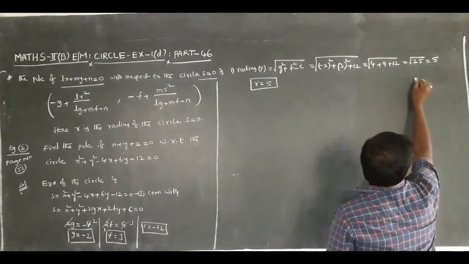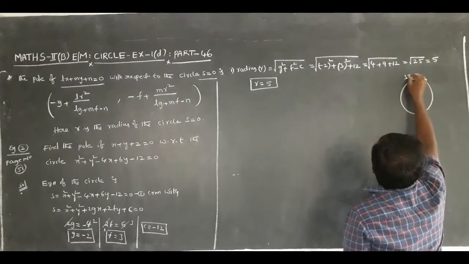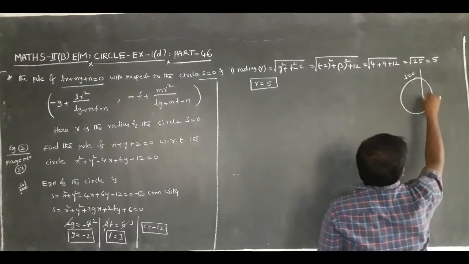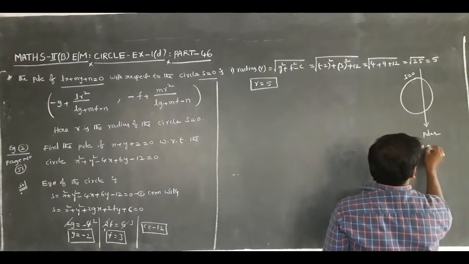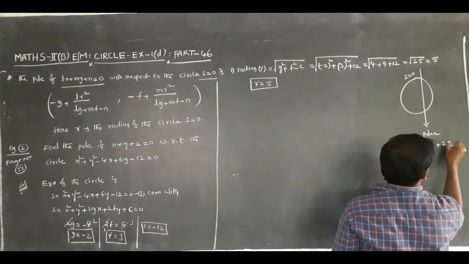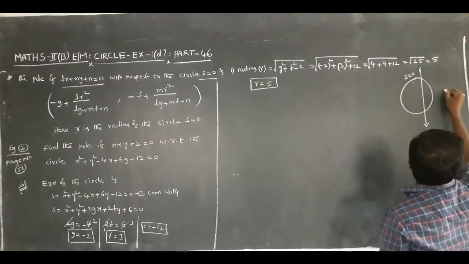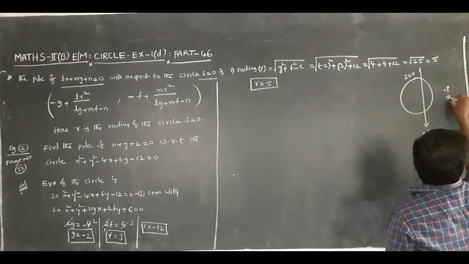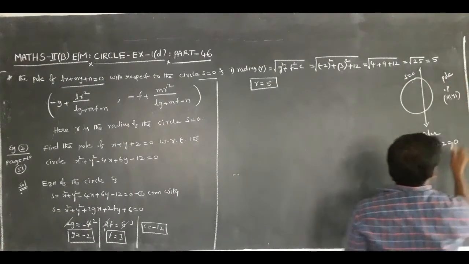This is the equation of the circle S equals 0, and this is the given equation of the polar, x plus y plus 2 equals 0. We find the pole.